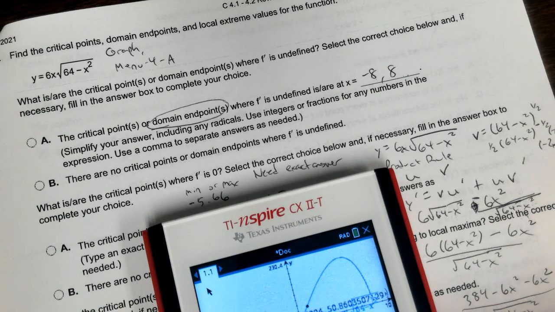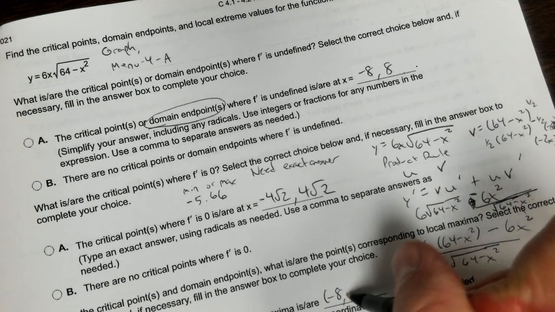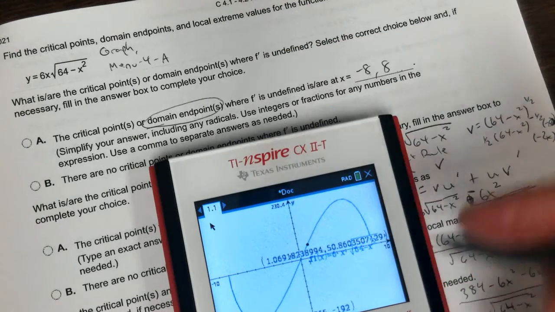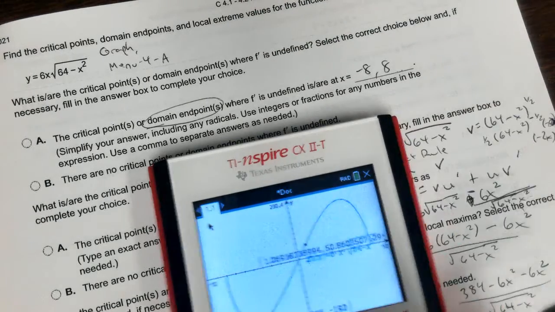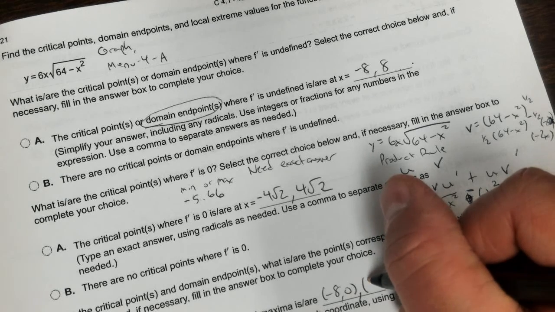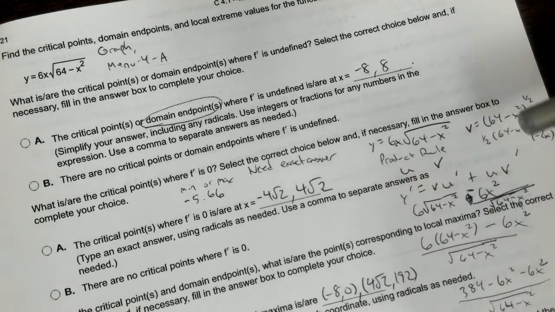That's a maxima, negative 8, 0. And then the other one would be at this one, which is the positive 4 square root of 2, comma 192.